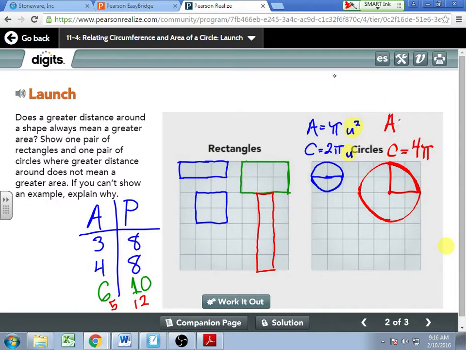But my area is pi r squared. Well, my radius here is 2. 2 squared is 4, and my area becomes 4 pi. So now my area and my circumference are quote-unquote the same, but they're not because of the units. We'd have units versus units squared. But numerically, they're the same.